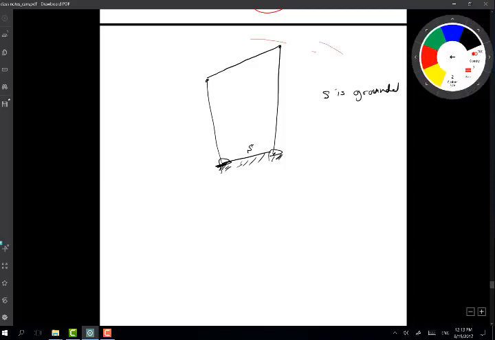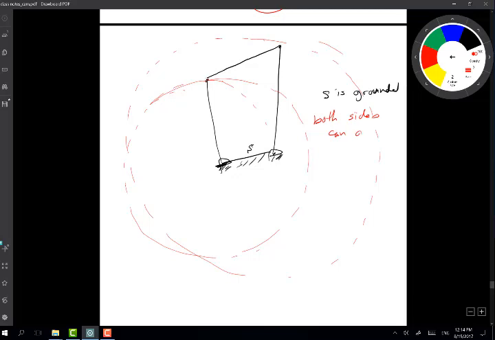Then that's an interesting one, because in this case both links, both sides, will be capable of doing 360, right? So now both sides can do and will do 360, right?